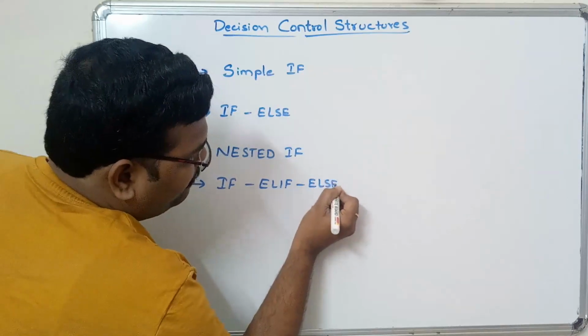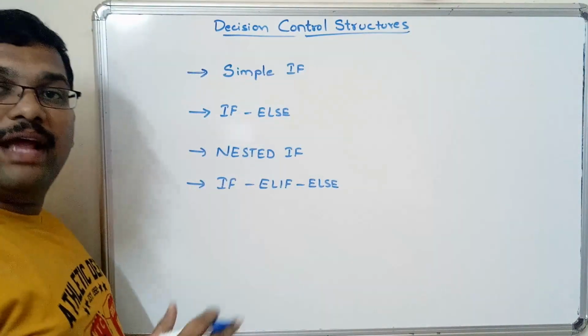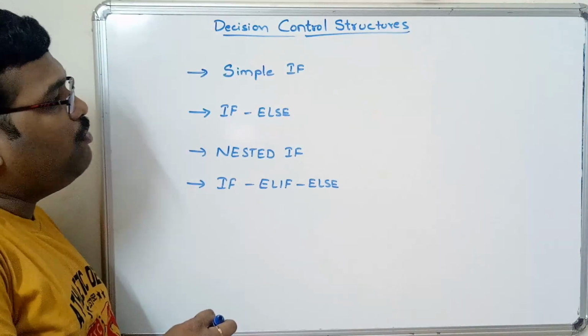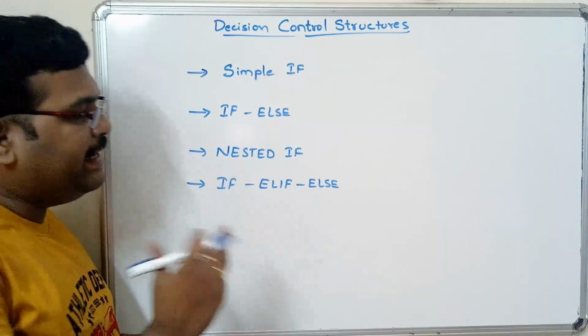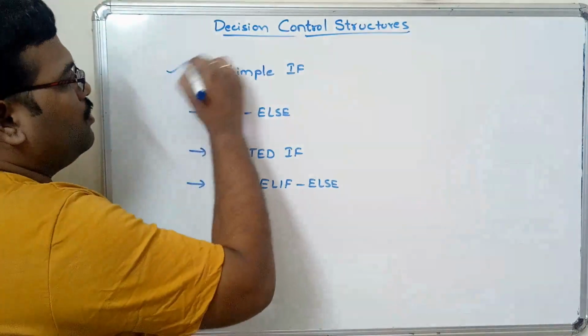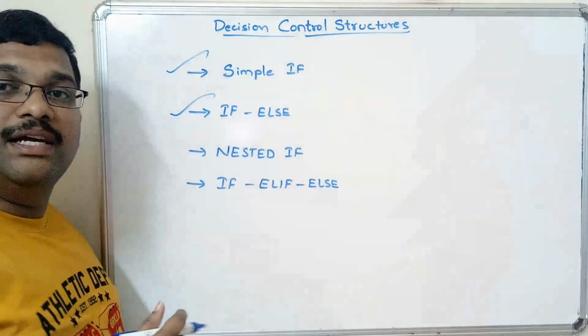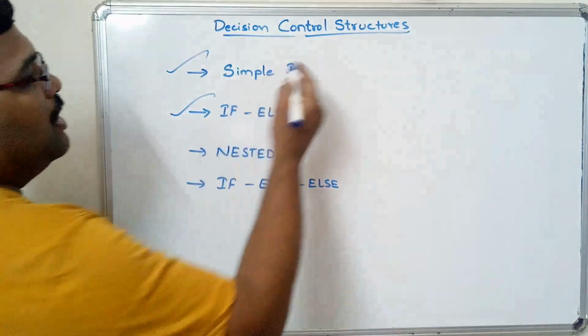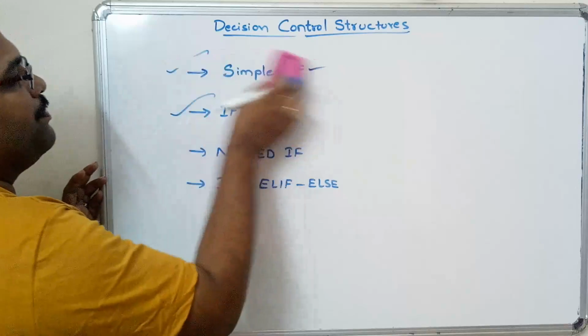So there are four categories under decision control structures. In this session, let us look at the first two concepts, and in the next session we will move on to the other two. Now coming to the simple if.